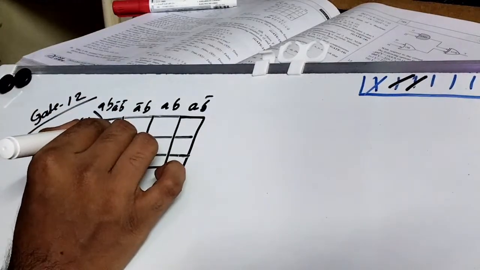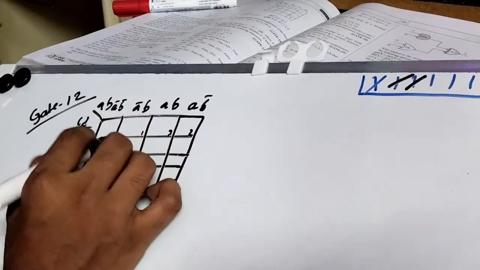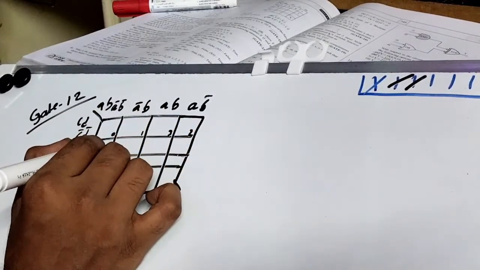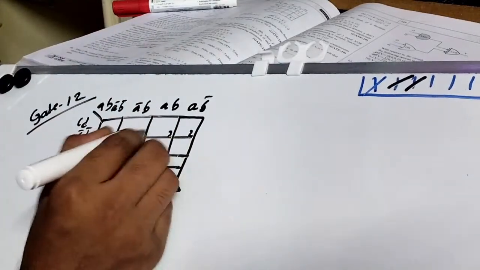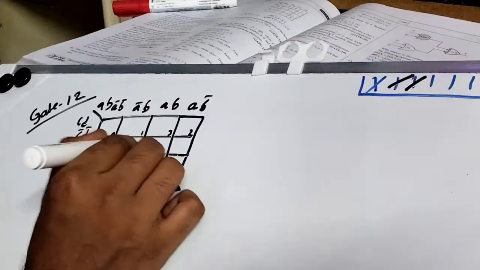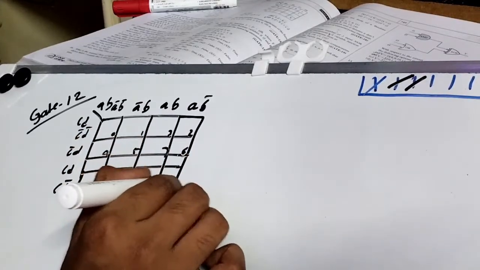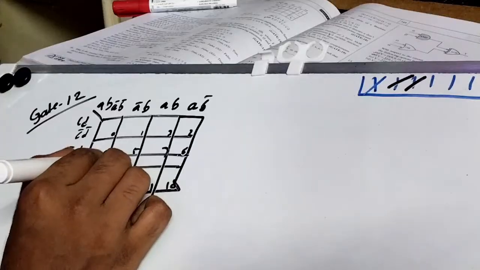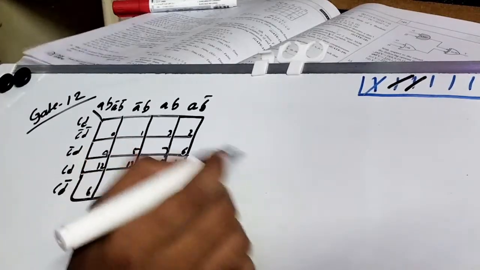Consider these values 0, 1, 2, 3. This is not grayscale, it's gray code. Then 4, 5, 6, 7, 8, 9, 10, 11, 12, 13, 14, and 15.